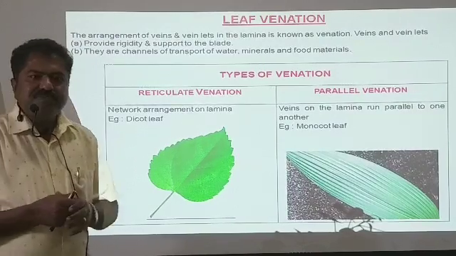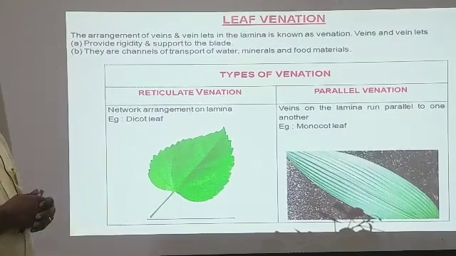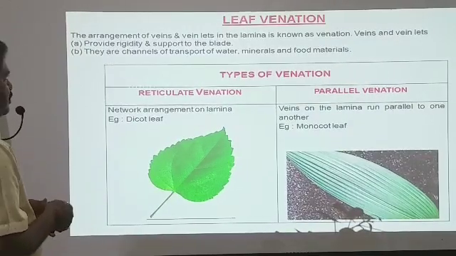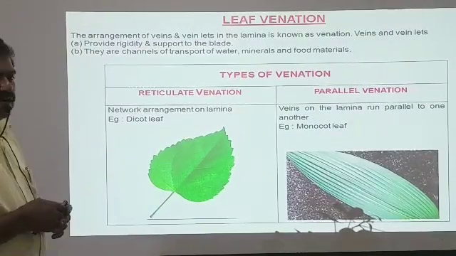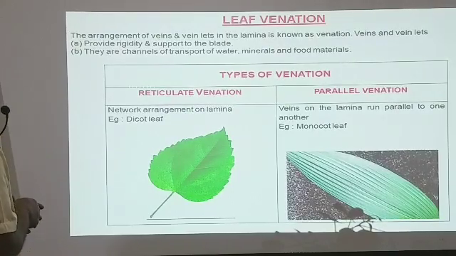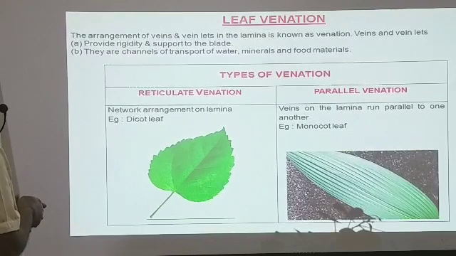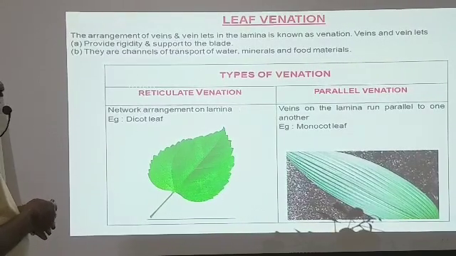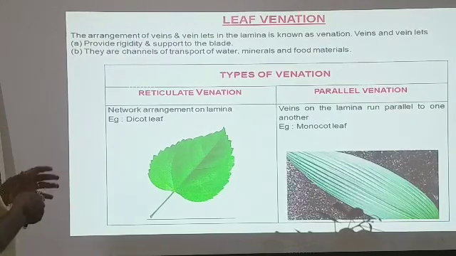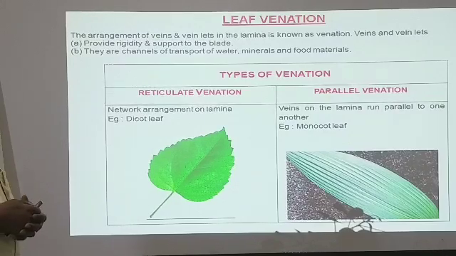What is the function of venation? The venation gives support to the leaf and also helps in the transport of water, minerals and food materials. This is the importance of the veins on the leaves.